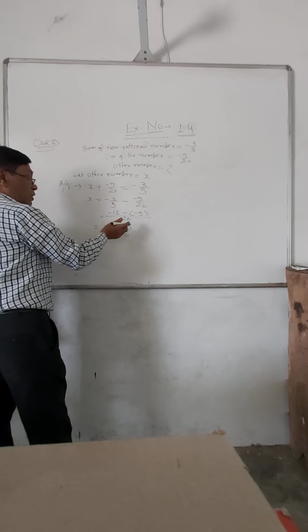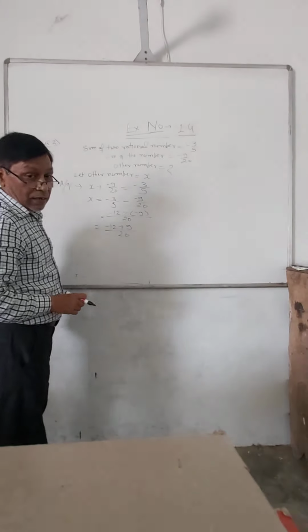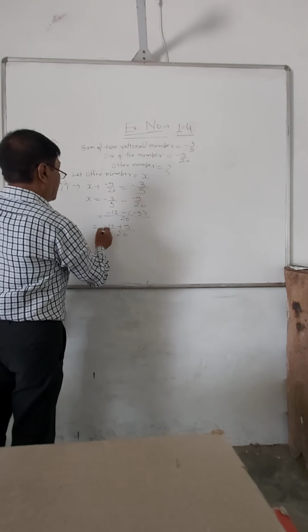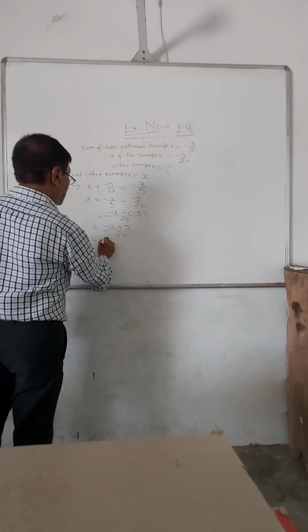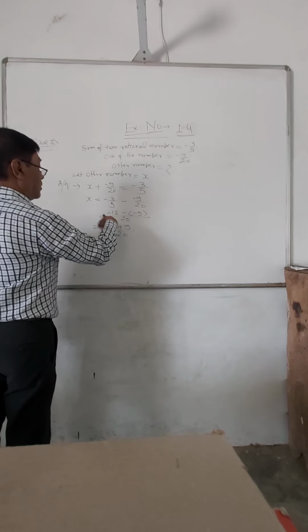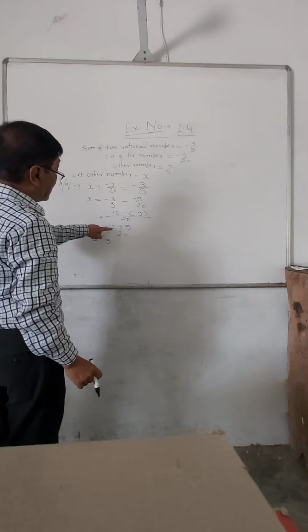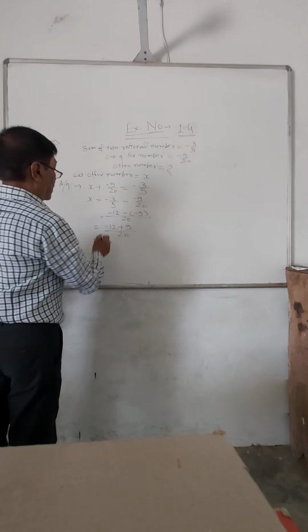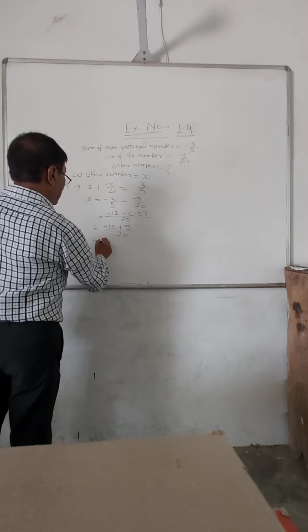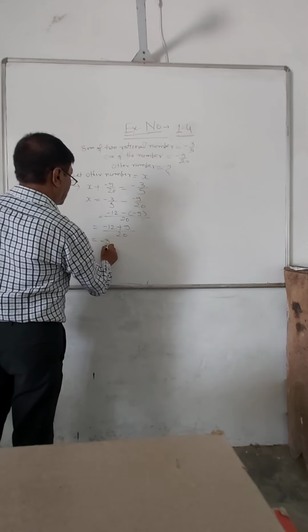Both are different signs, so always it is subtracted. 12 minus 9 will come 3. But since 12 is the bigger number and negative, we put the sign of the bigger number. So it will come minus 3 upon 20.